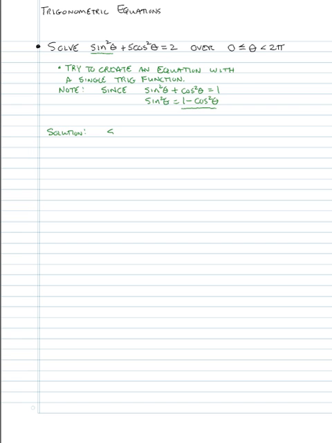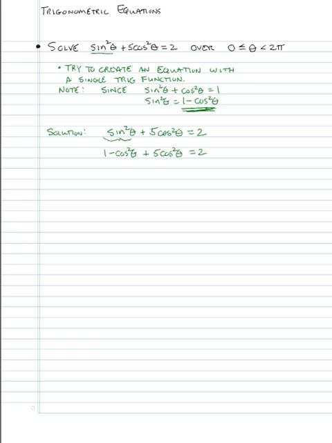We're going to take our equation, sine squared theta plus 5 times cosine squared theta equal 2. In this place right here, we're going to replace it with 1 minus cosine squared theta. So with 1 minus cosine squared theta in the place of sine squared theta, we still have plus 5 cosine squared theta equal 2.